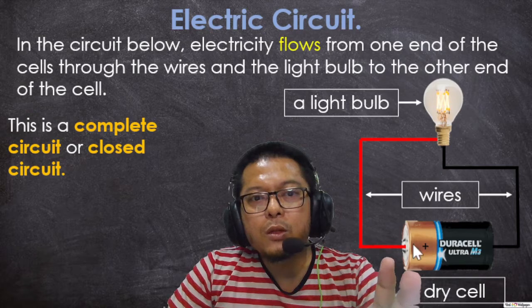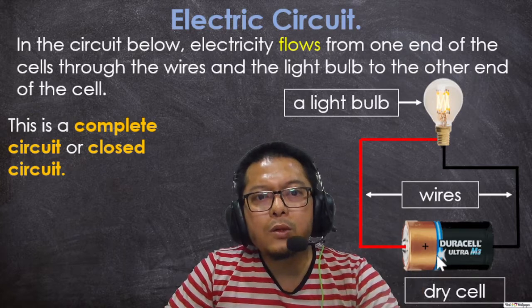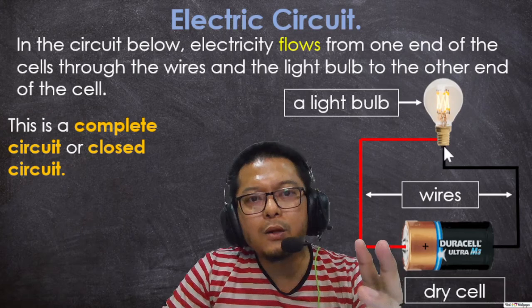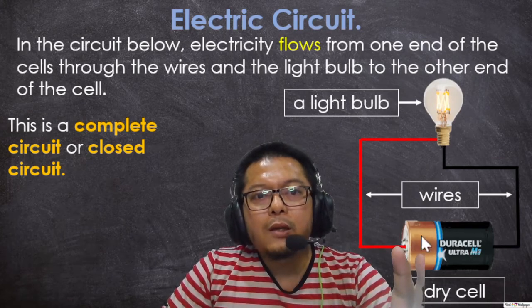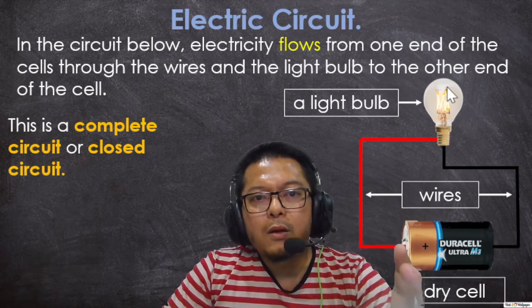So this is closed. Tertutup means tutup, semua bersambung dengan baik. It's called closed. So this is called complete. It's the same word, complete. Sempurna. So everything is connected properly, and the electricity can move from this terminal to the light bulb and back to the negative terminal.